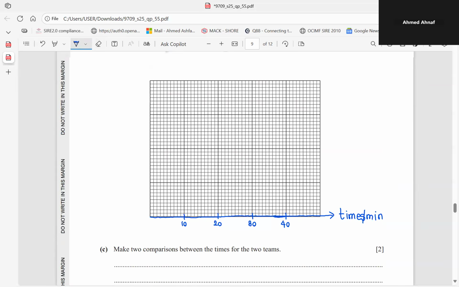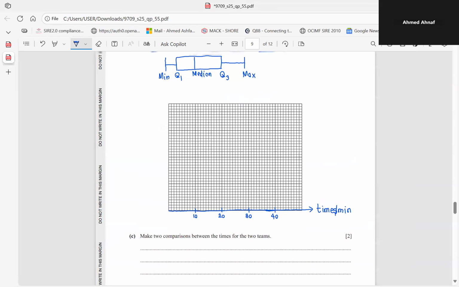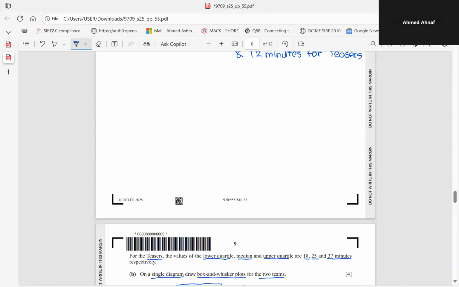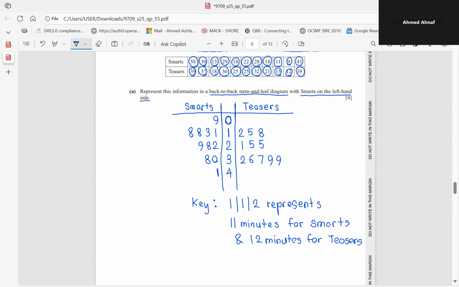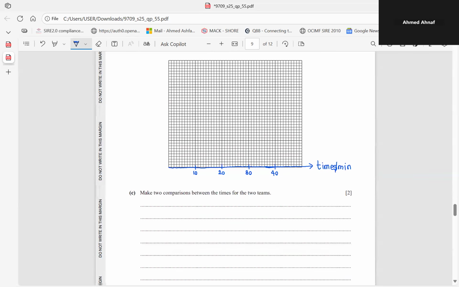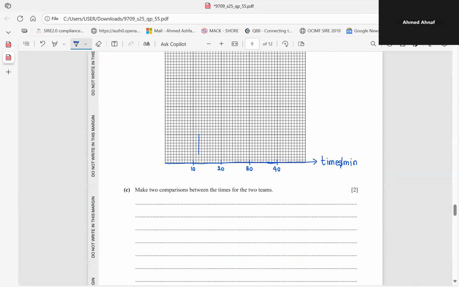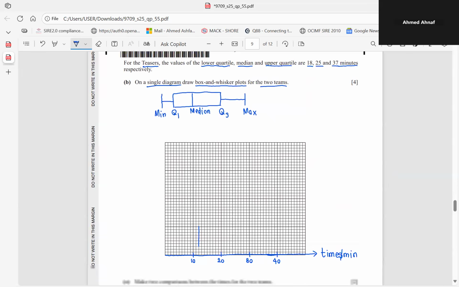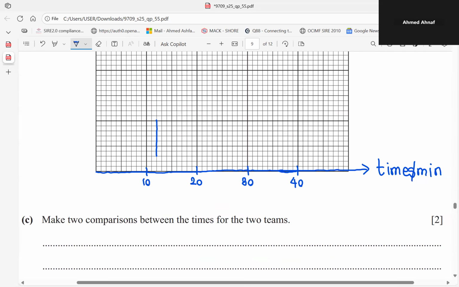Okay, all right, so let's draw for the teasers first. For the teasers, our minimum value, you can see from the diagram, is 12. So 12 is somewhere here. Okay, let's draw it in here for teasers. That's the minimum, and then lower quartile is 18, so that's 19, 18.